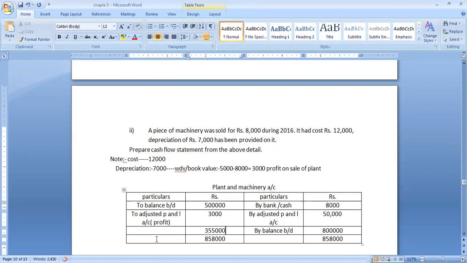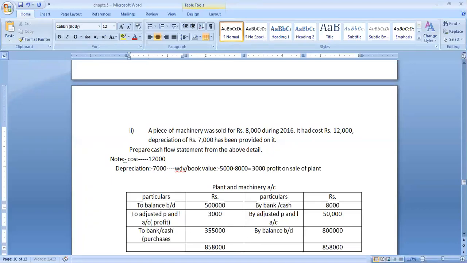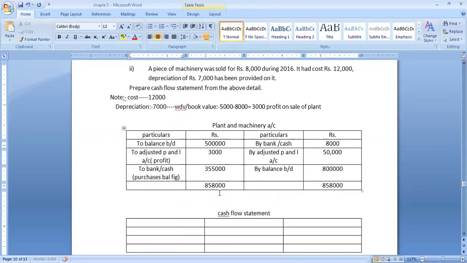As you got the difference in the debit side, it is the purchases. Instead of writing it directly as purchases or sale, take it as bank or cash account. It is a purchases balancing figure. Clear? Clear with this plant and machinery account.